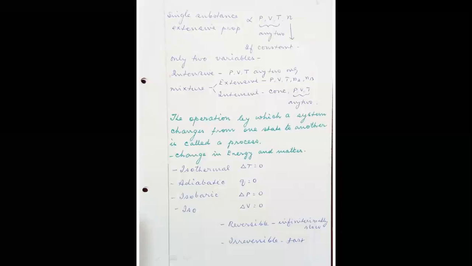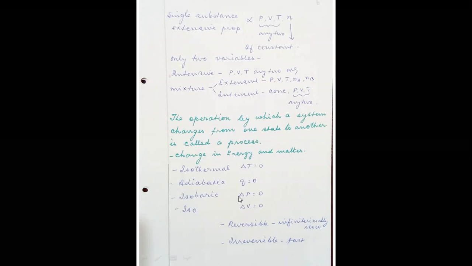For an adiabatic process, the heat supplied is zero. That is, Q is equal to zero. If you are not able to understand anything now, don't worry. When you study further, you will understand what this adiabatic is. And another thing is isobaric, where there is no change in the pressure.